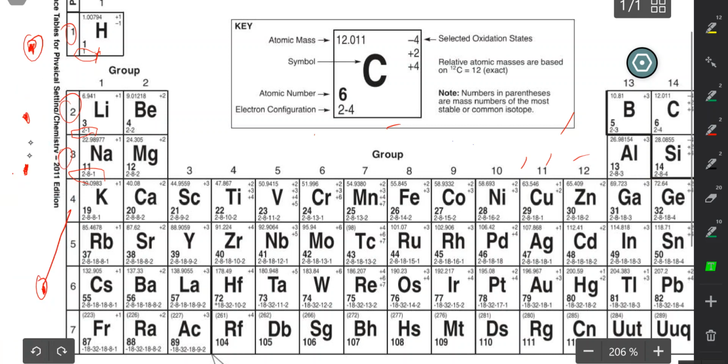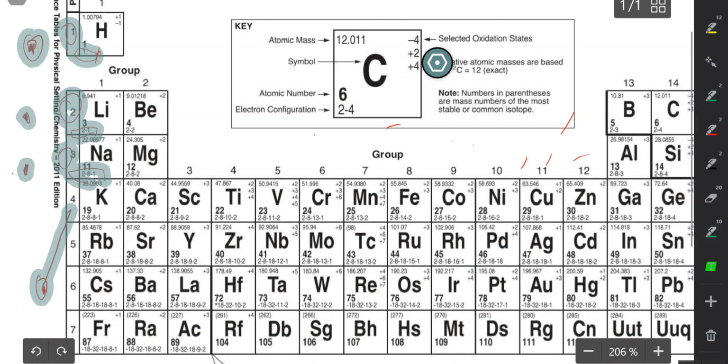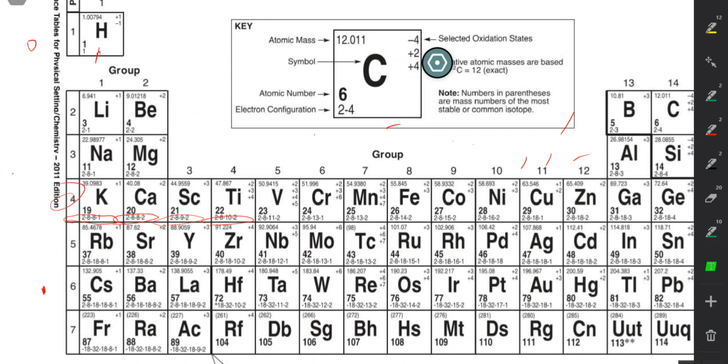Now, let's think across the period. Across a period, the number of electron shells remains constant. Notice, if you're in period 4, every element in period 4 will have 4 electron shells. But the number of protons, the positive protons that we talked about earlier that are present in the nucleus, tends to increase.